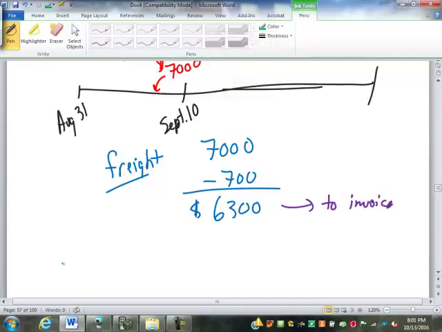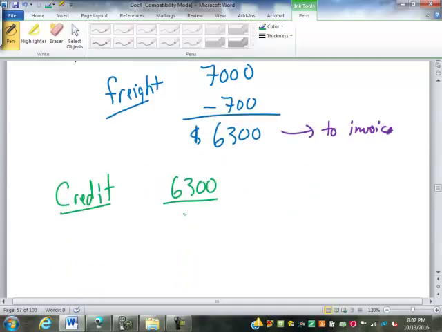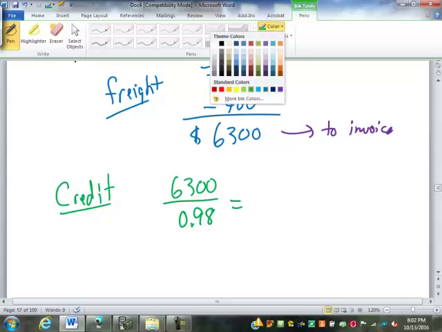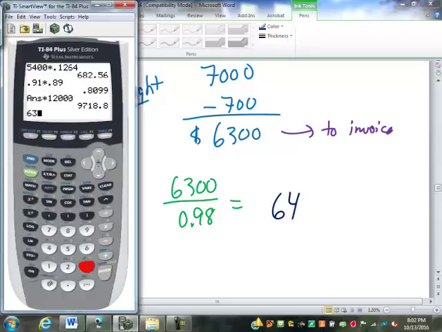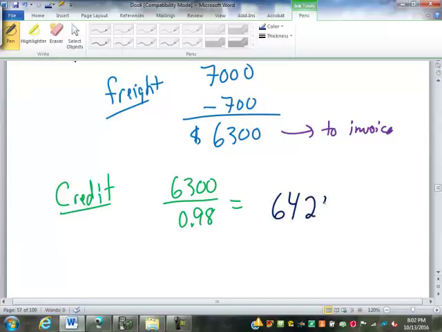Now we're going to find our credit by taking that $6,300 and dividing by 0.98. This is going to give us 6,4... What's that? Oh, 6,428.57. What you got? That's how much they credit to us.